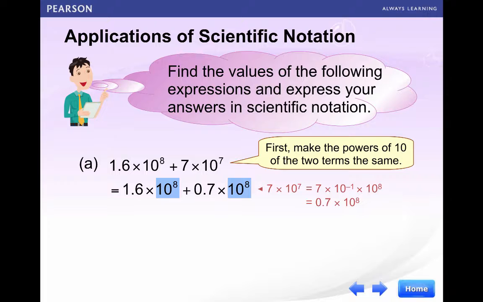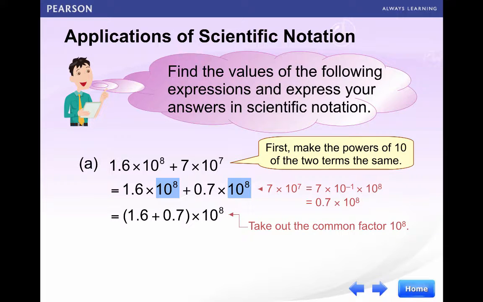So these two terms have the same power of 10. We can take out the common factor and add 1.6 and 0.7, so we have 2.3 times 10 to the power 8.